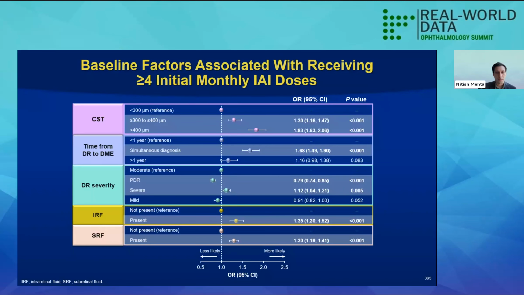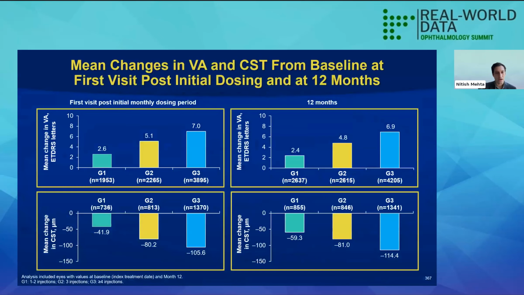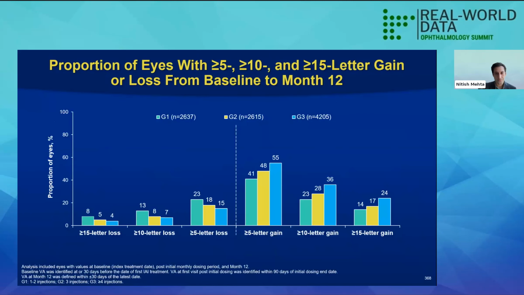So here's an important slide as well, showing you the vision and anatomic outcomes. So at, say, month 6, when you've done your initial loading dose period, those eyes that have received more tend to have better vision gains, better CST reduction, and this held at month 12.